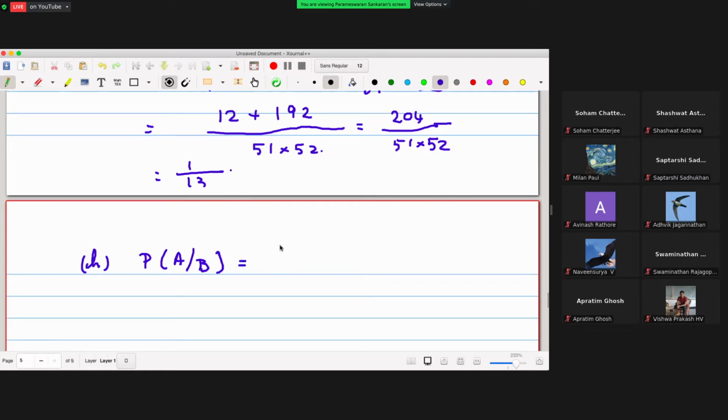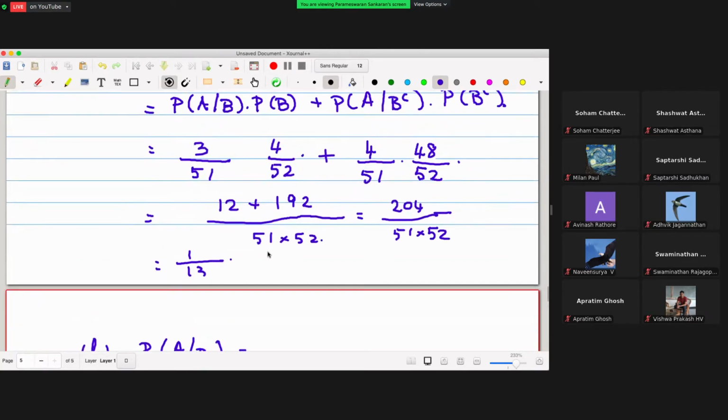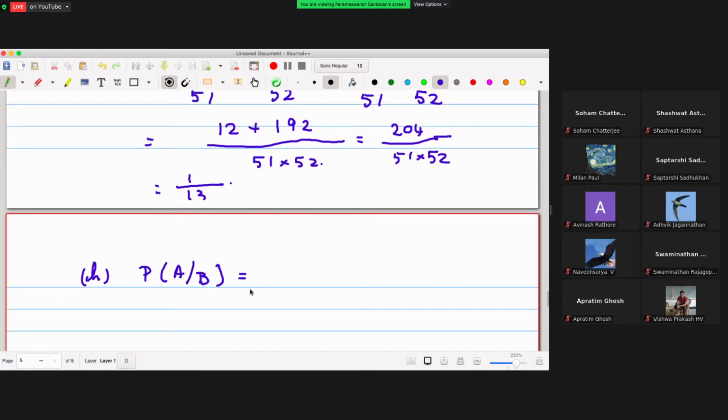Given the first card drawn is an ace, there are 3 aces remaining, so 3 by 51. I suppose this is 1 by 17.